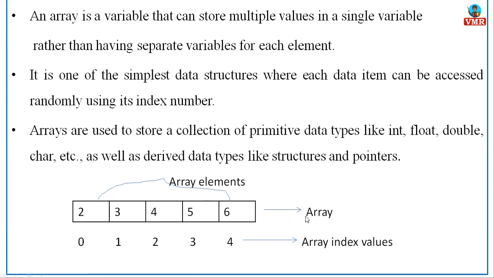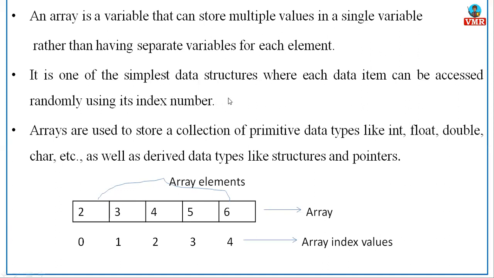This whole thing is an array, and 2, 3, 4, 5, 6 are the array elements, that is, the values you want to store in the array. And 0, 1, 2, 3, 4 are your array indexes. Why do we use them? To know in which location we have the value 2, and in which location we have the value 4. When you declare an array, by default it starts allocating memory from the 0th index. That is the representation of an array.